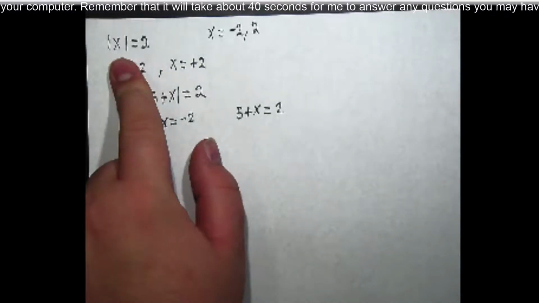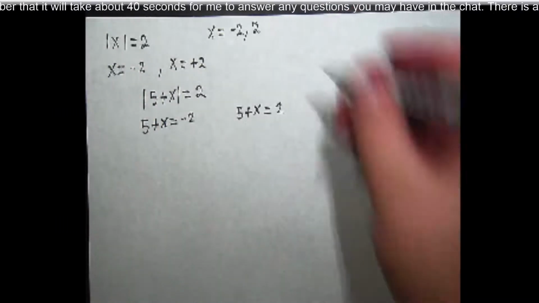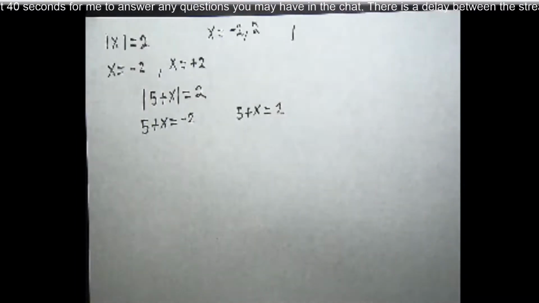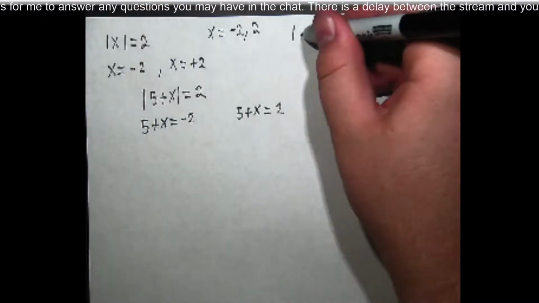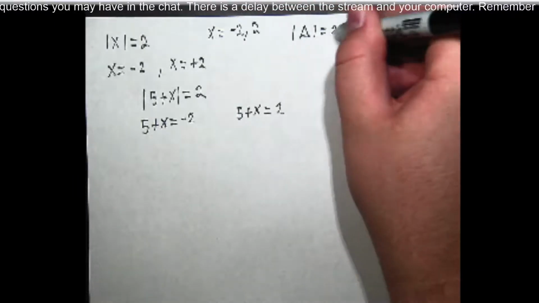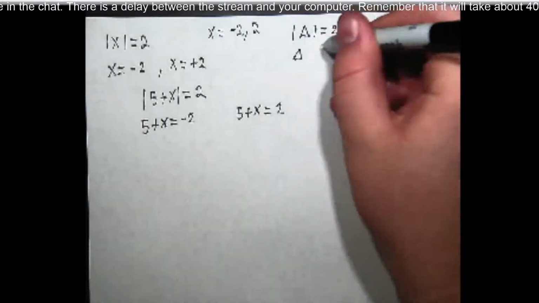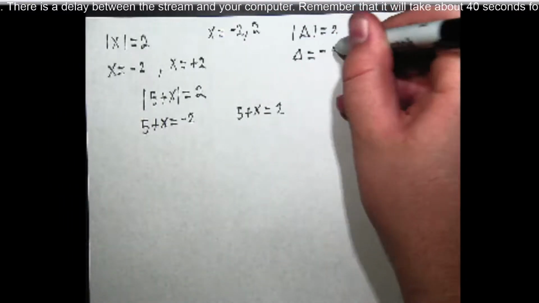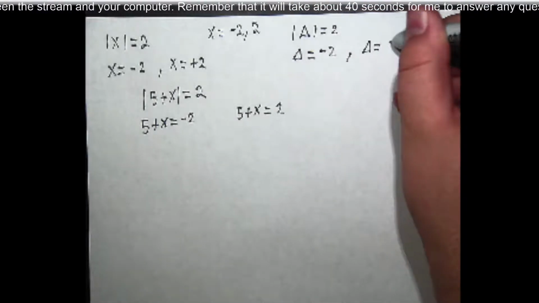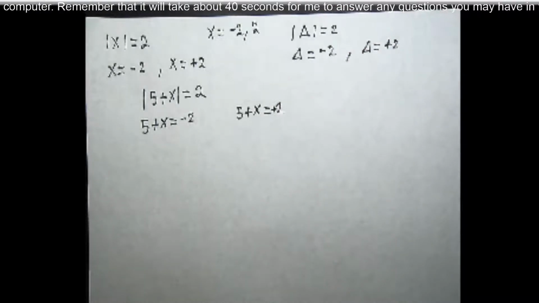It's the same as what we had up here. Whatever's inside of the absolute value, ignore that it's an x. We could say that the absolute value of, I don't know, triangle equals 2. And we would still say that triangle equals negative 2 or triangle equals positive 2. It does not matter what is inside of there.